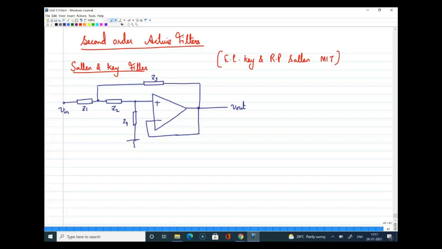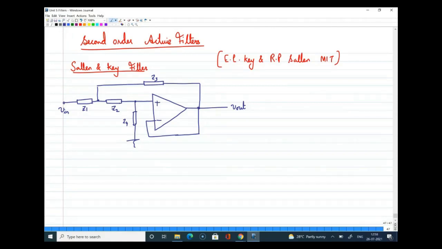Now, before coming to this, if you ask me why we need active filters? Even in passive filters, there are places where we use only passive filters, and there are places where we incorporate active filters also. One such reason is that with only passive filters, for a low range of frequency, we may end up with larger or bulky inductors.